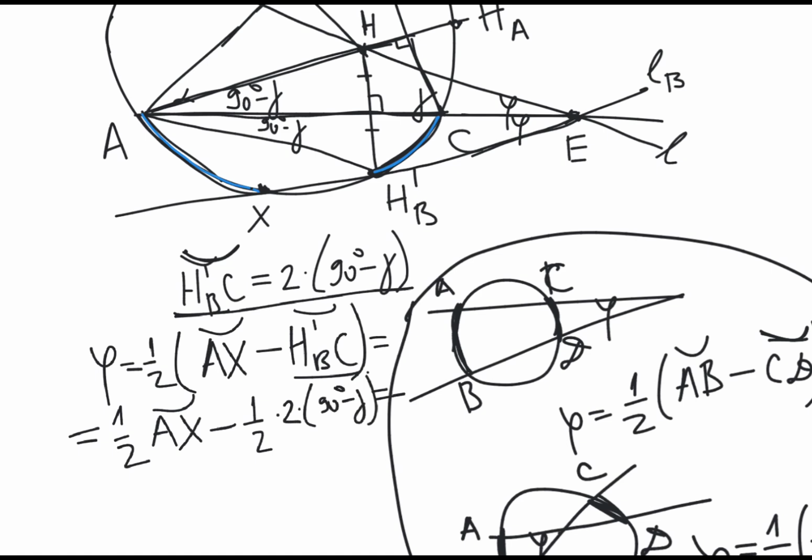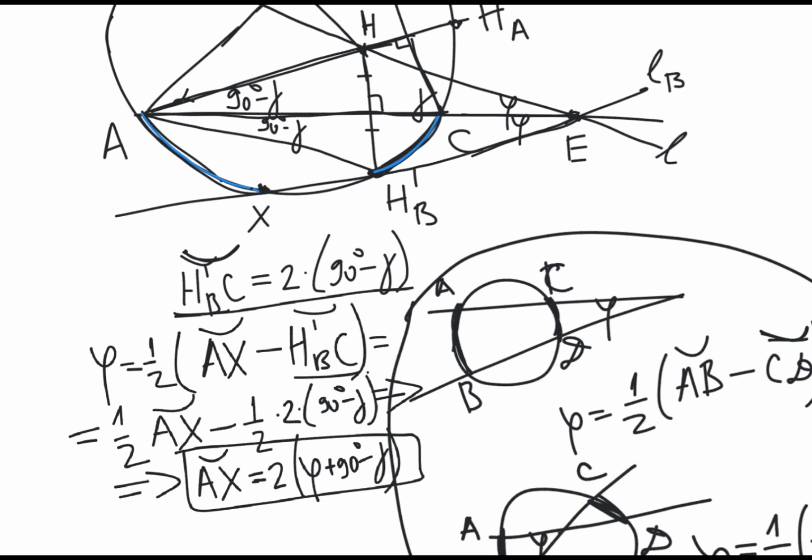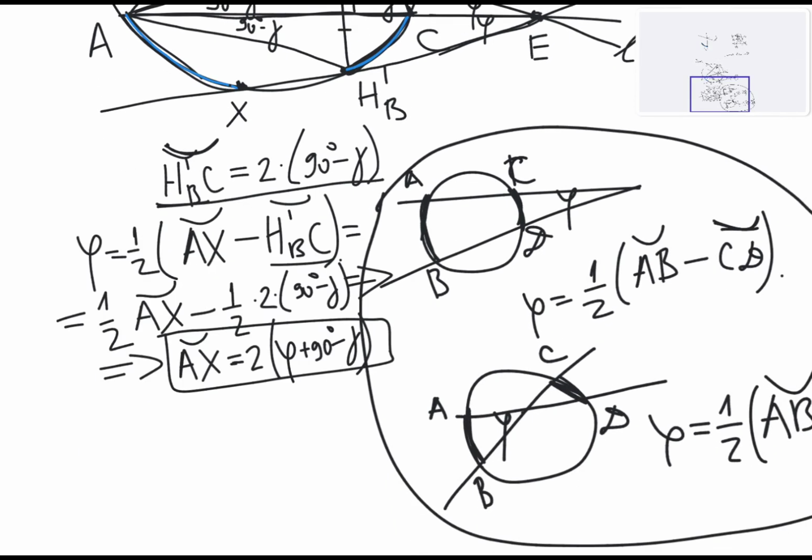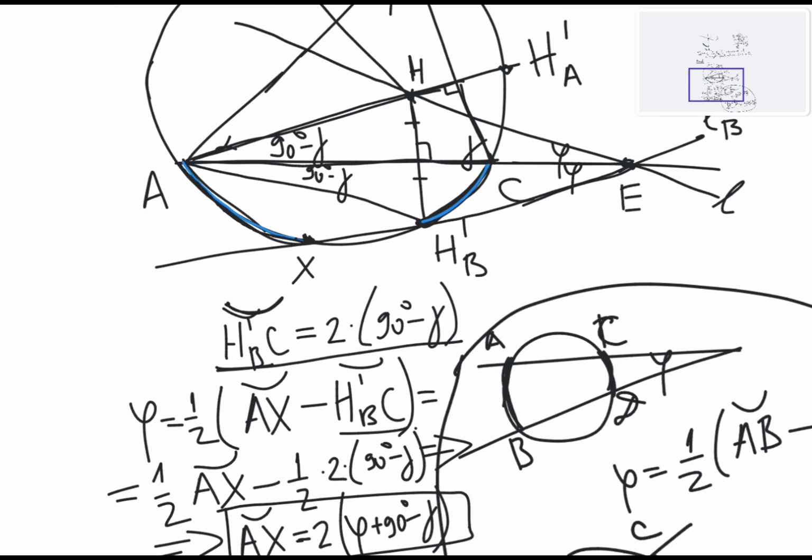And so from this we conclude that AX is equal to twice phi plus 90 degrees minus gamma. So we calculated the arc AX.